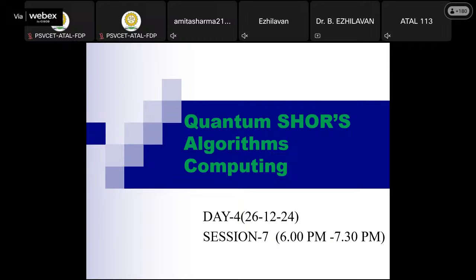Then this quantum computer will operate at minus 273 degrees Celsius or 0 degree Kelvin, which is a cryogenic level. The temperature is kept like that because of error corrections.